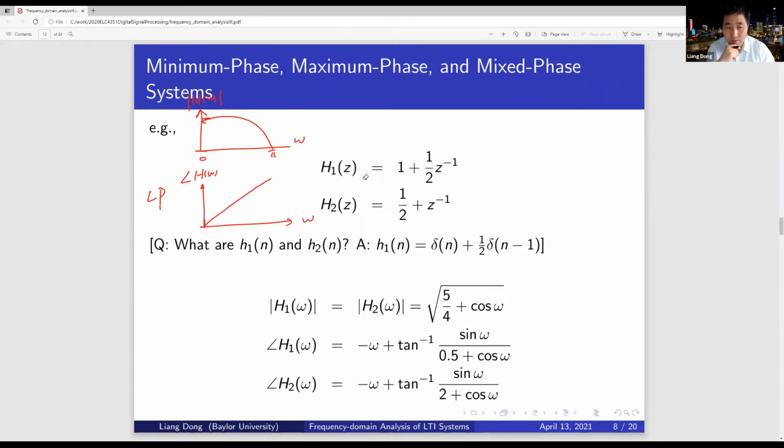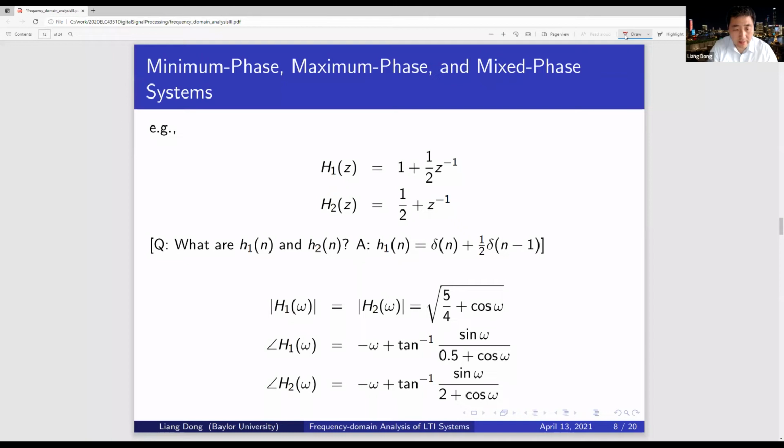I have two systems here, H1 and H2. It's given on this page, those two examples. H1 in the Z domain is 1 plus half times Z to the power negative 1. H2 in the Z domain is half plus Z to the power negative 1.